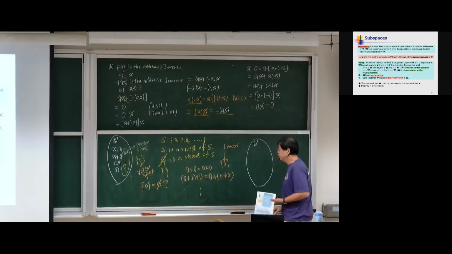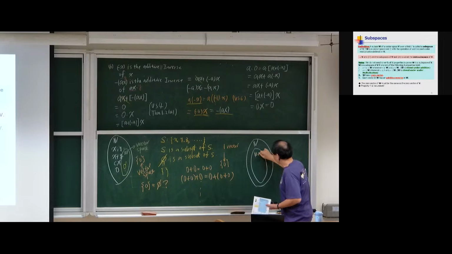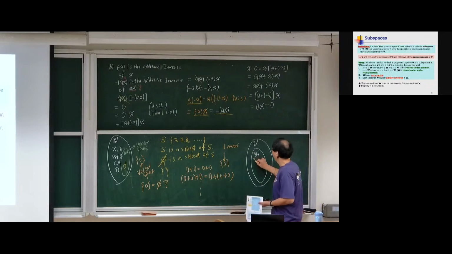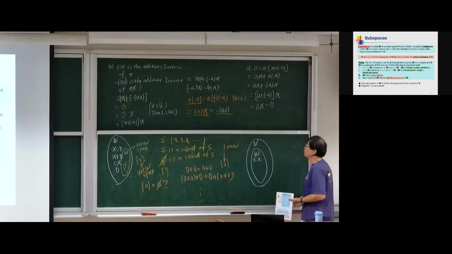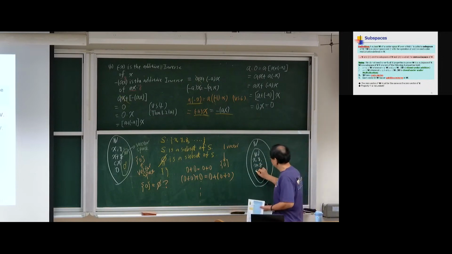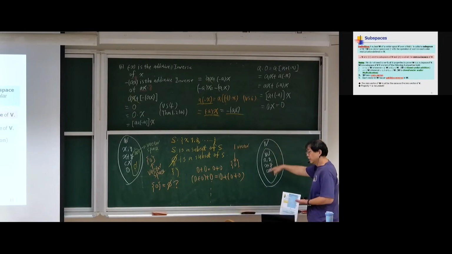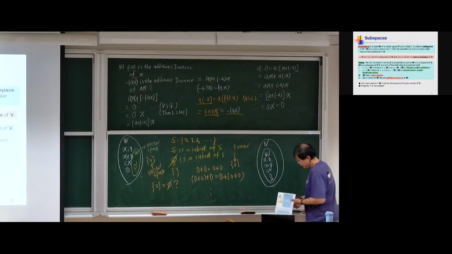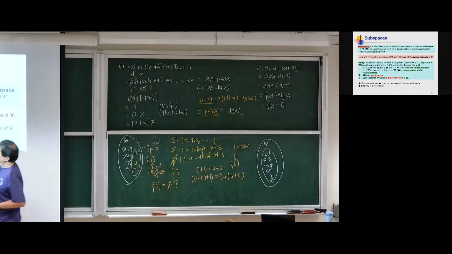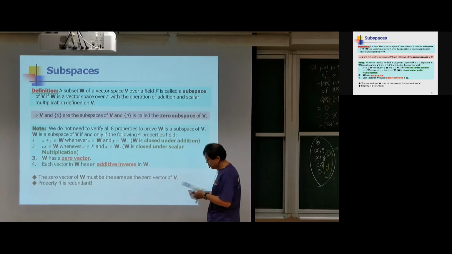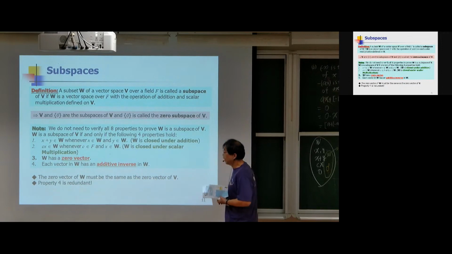If I have a vector space V, and then whether W is a subspace, we need to know that if X, Y belong to W, then X plus Y must be in W. And also CX, scalar multiplication, is in this subspace, and also 0, and also minus X. But in fact, if the first three hold, then of course the additive inverse exists. So here property 4 is redundant.